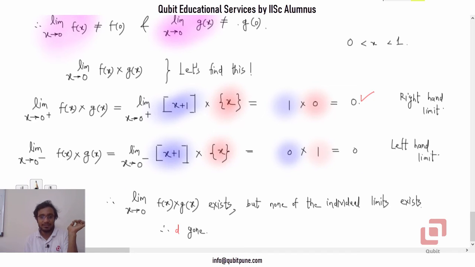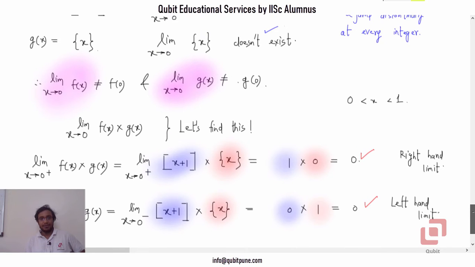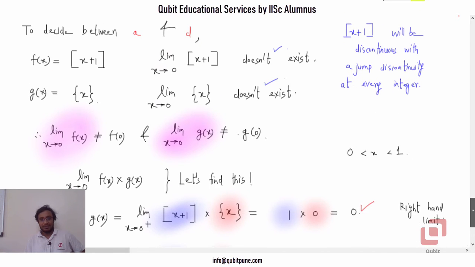The product of these two things is also equal to 0, and therefore both limits exist, left and right, of the function f into g at 0. So this basically proves that none of the individual limits exist: limit as x tends to 0 of f and of g don't exist. We have already talked about that here.